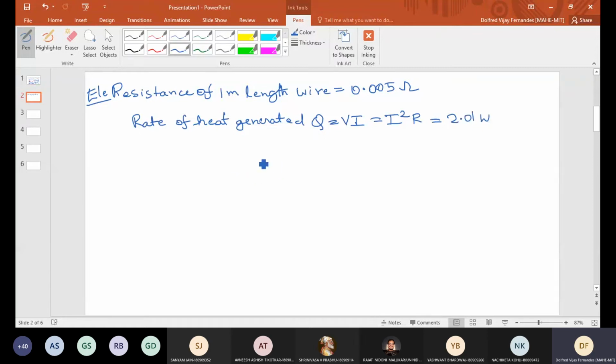So we can solve it for I, that is 2.01 divided by 0.05, take the root. So how many amps? 20.05 amps. So this is the maximum current intensity that is possible through the wire.